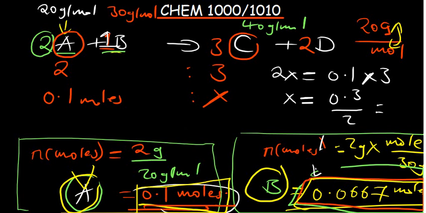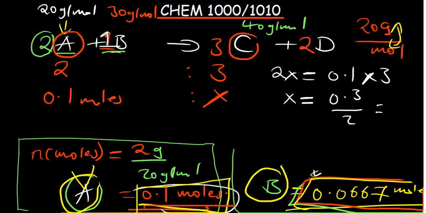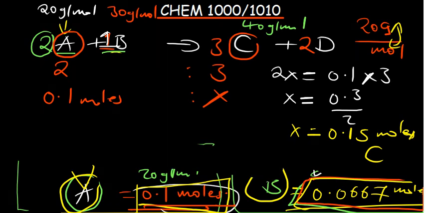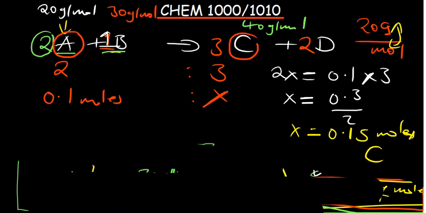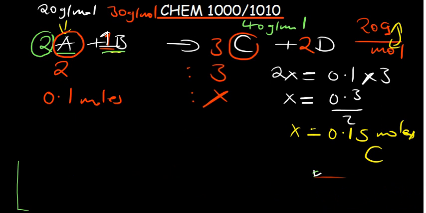Okay, so what are you getting after doing your calculations? So these are the number of moles of what? Of C, right? So remember, in the question we are also given the molar mass of C, not so?